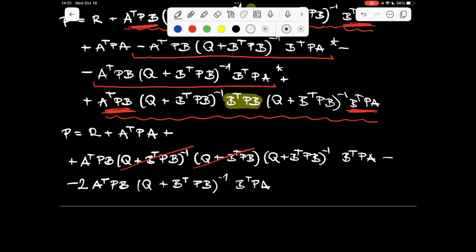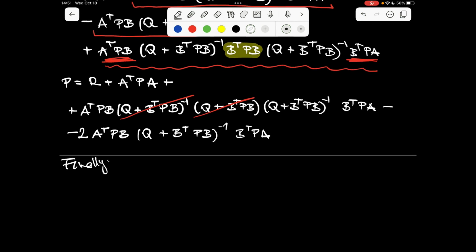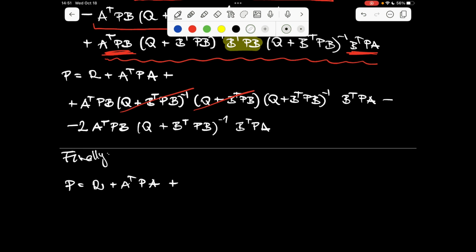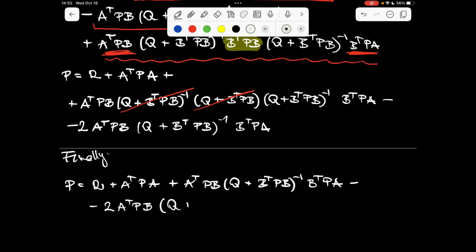So finally, this is what we have. Okay, I think I am over the top because I inserted an extra step to give you a complete treatment, but I think it was all unnecessary.